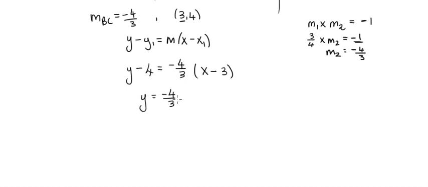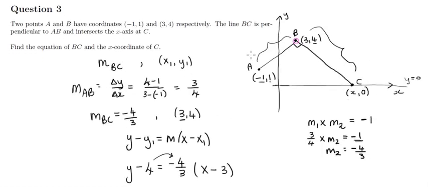So -4 over 3 times x is -4 over 3 x. -4 over 3 times -3 is positive 12 over 3, which is 4. And then to get rid of the -4 on the left-hand side, you have to add 4 to both sides. So plus 4. 12 over 3 is 4, plus 4 is plus 8. So this is the equation of BC. So this part of the question is done.